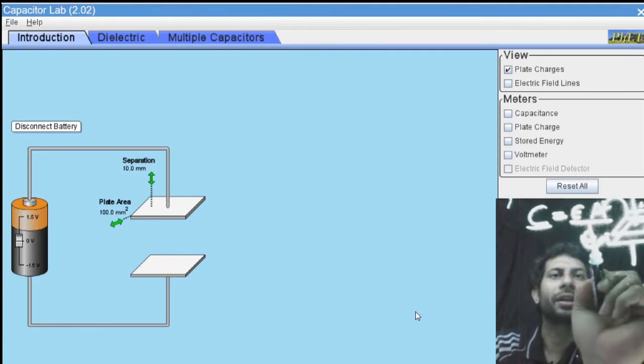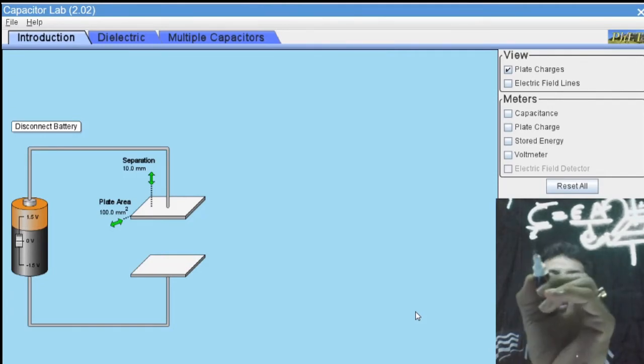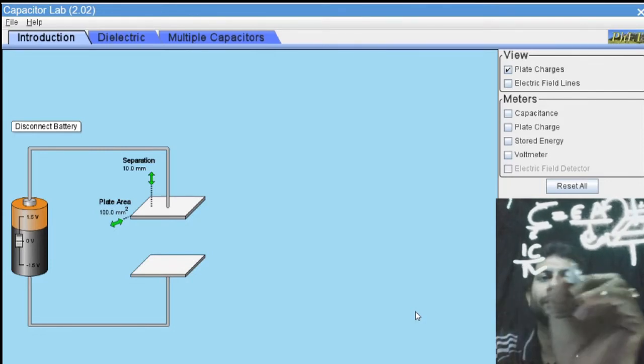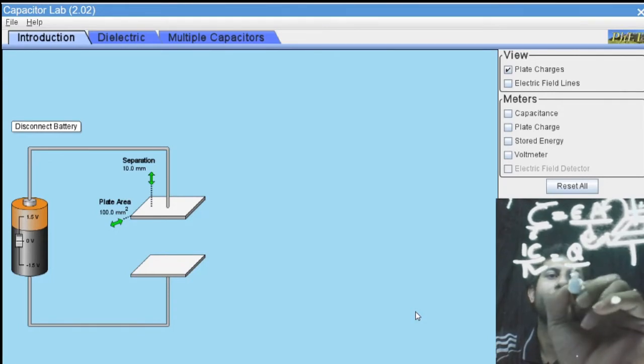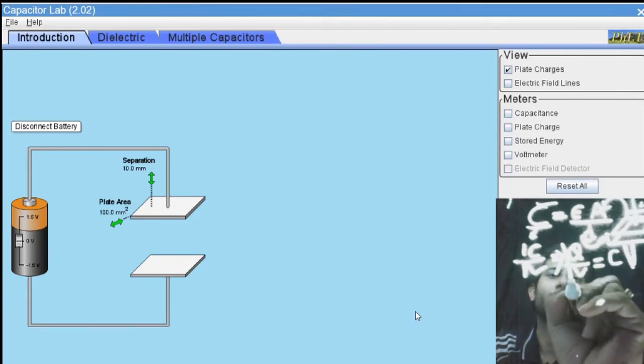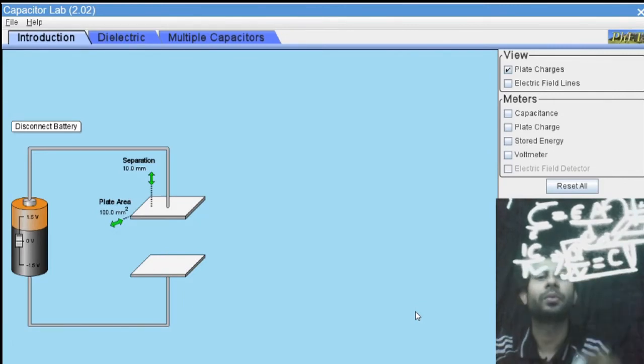Let's start with the simulation and try to understand how this capacitance, whose unit is coulomb per volt, which is Q by V, is also known as C. It is another formula for describing this capacitance.